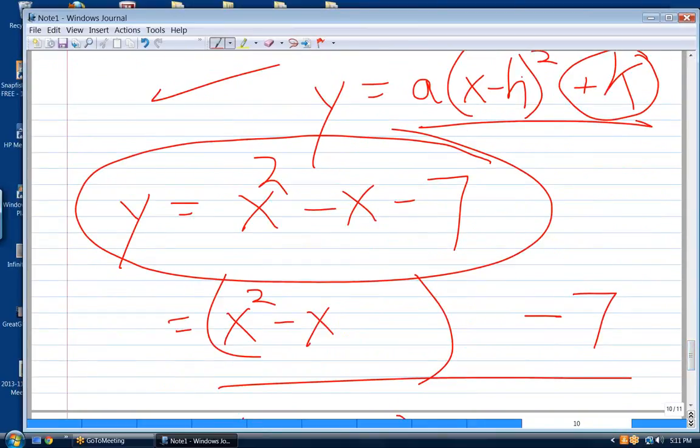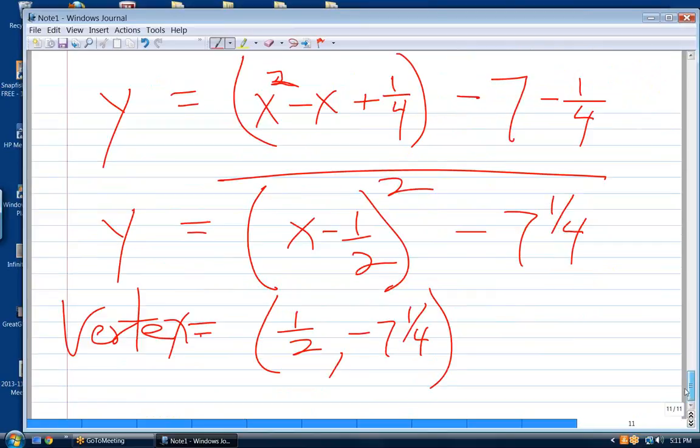Notice that it's minus h, so when I got x minus 1/4, h is 1/4, plus 1/4. And I got minus 7 1/4, well, it's plus k, that means k must be minus 7 1/4. So my vertex would be right here, and I'm well on my way to graphing it.